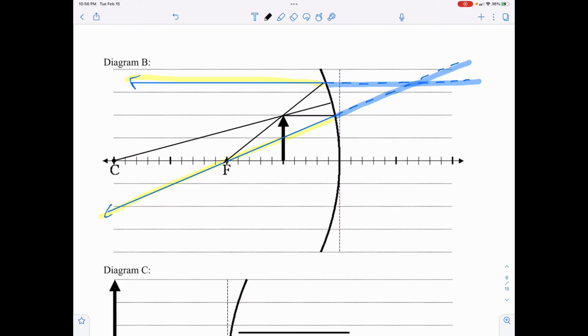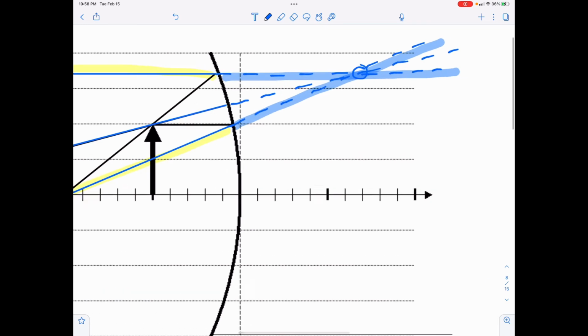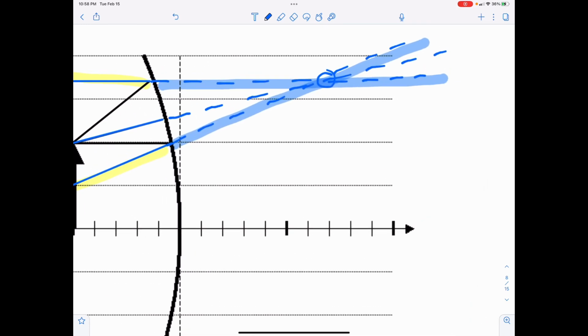Then it's going to reflect back on itself, just like this. And as it does, you can see the back ray is going to extend right back through the same spot where those are intersecting. So as long as I have 2 of those 3 intersecting back rays, I'll know where the image is supposed to be formed.